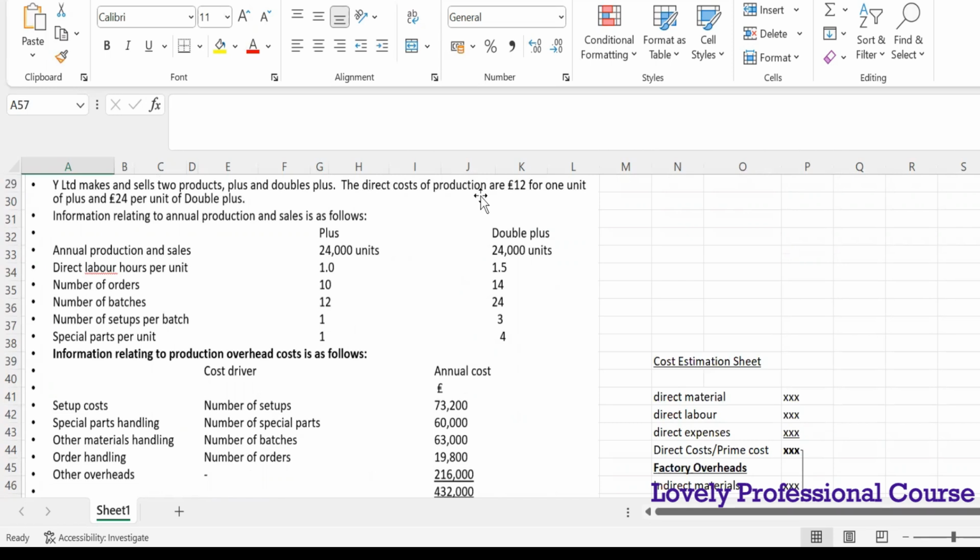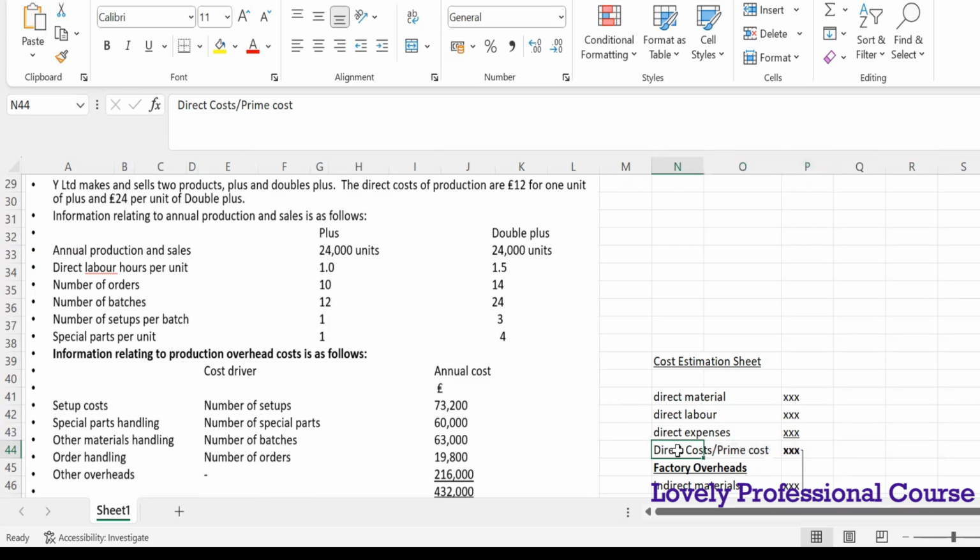They say the direct costs of production are 12 for one unit of price and 24 per unit of double price. So we don't need to define direct material, direct labor, and direct expenses because they give us the total direct cost of one unit. So I have to use 12 and 24 as my direct cost.